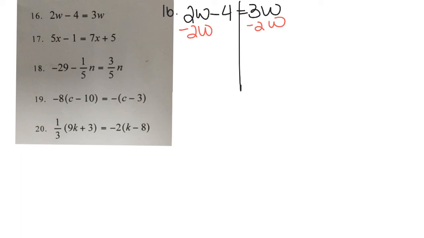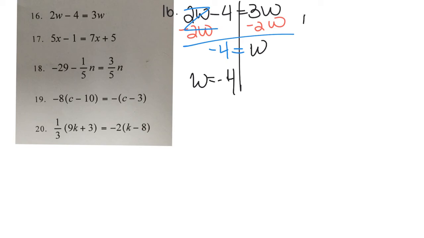Here's my line. Draw that line if you need to make sure you're doing it on both sides of the equal sign. And then on this side, this is 0. We get negative 4 equals w. And that's our answer. W equals negative 4.